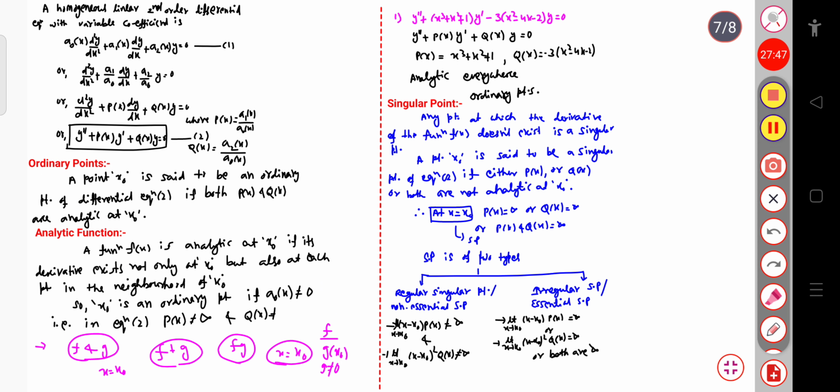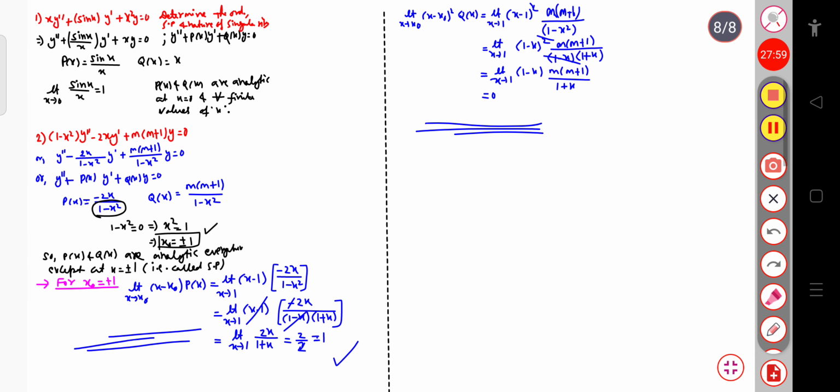When both values are finite, that is, when this is not infinite, in that case this point is known as the regular singular point. So in this case, for the point x equal to plus 1, where we have considered x naught equal to plus 1, we can write that the point is a regular singular point.